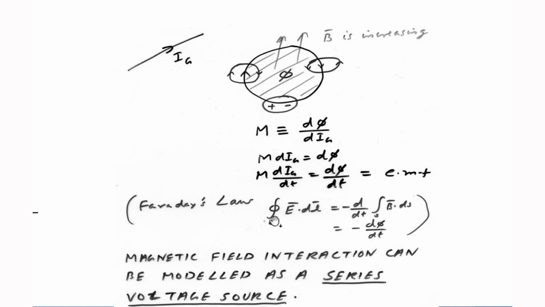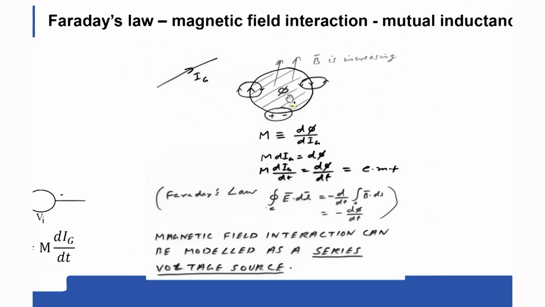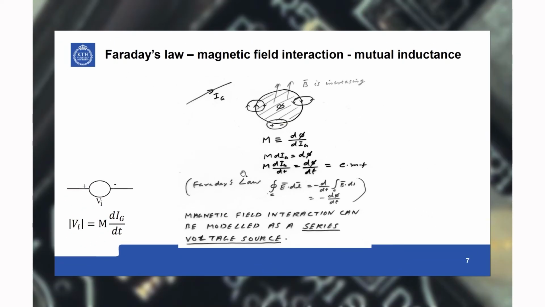So you can see how Faraday's law of magnetic field interaction can be modeled as a series voltage source if you are involving a circuit. So this phenomenon of magnetic field interaction can be replaced by a voltage source.